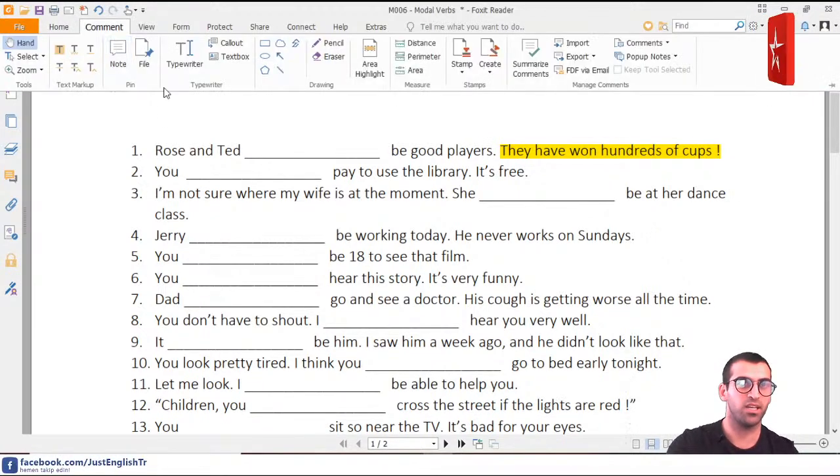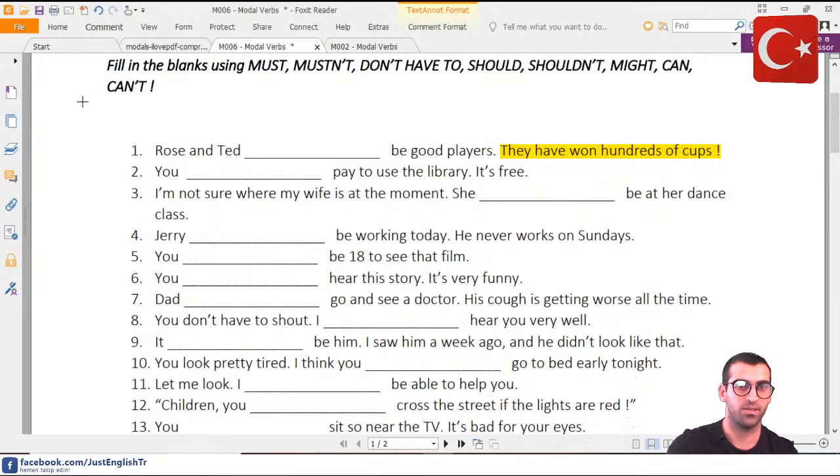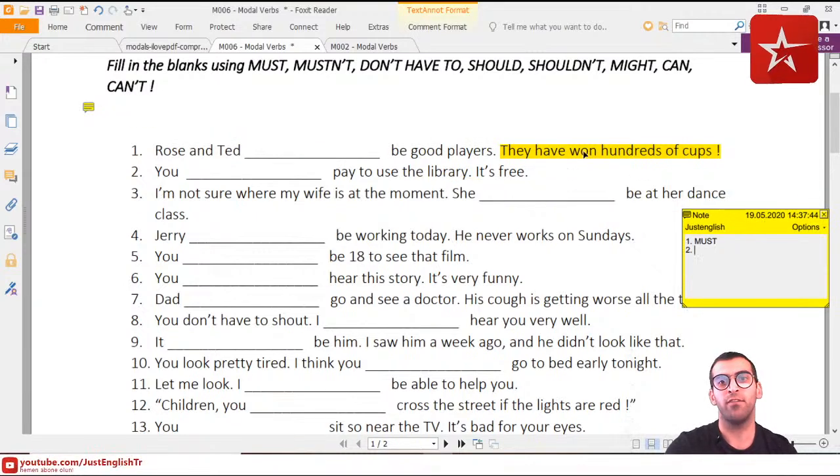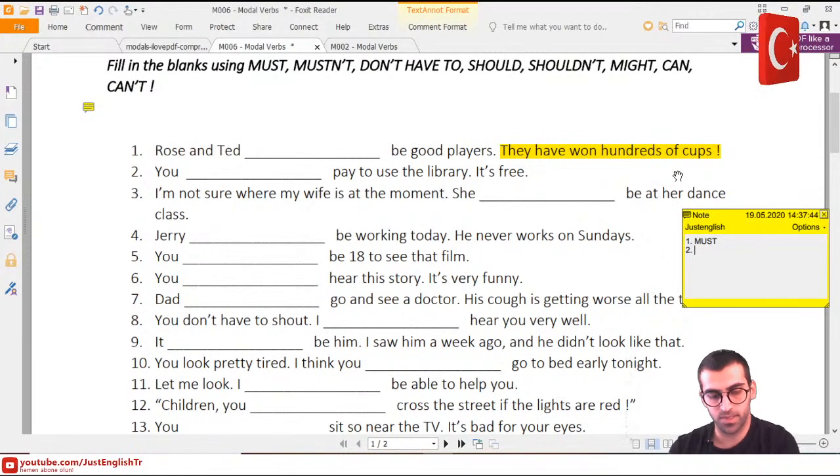The correct answer for number 1 is must. Must is a correct answer for number 1, because they have 100 cups.